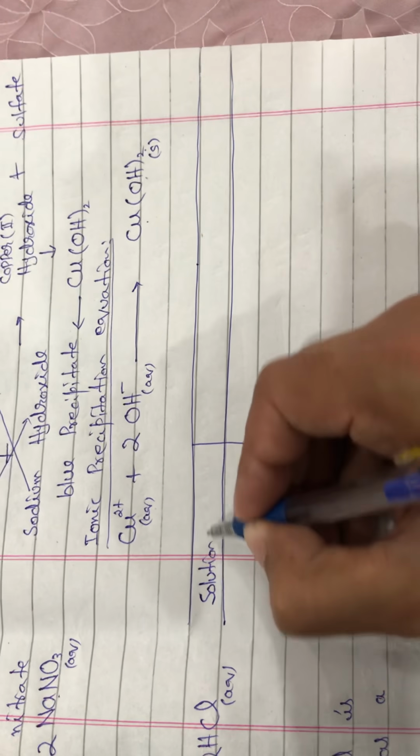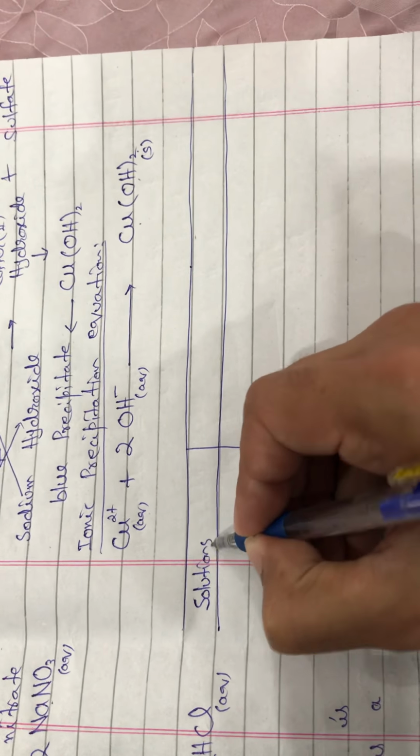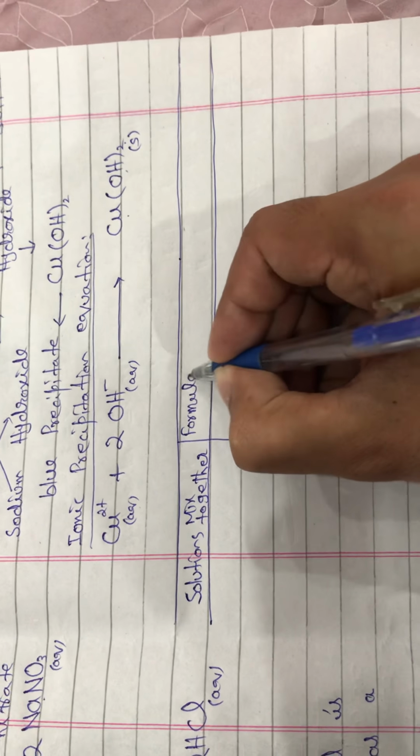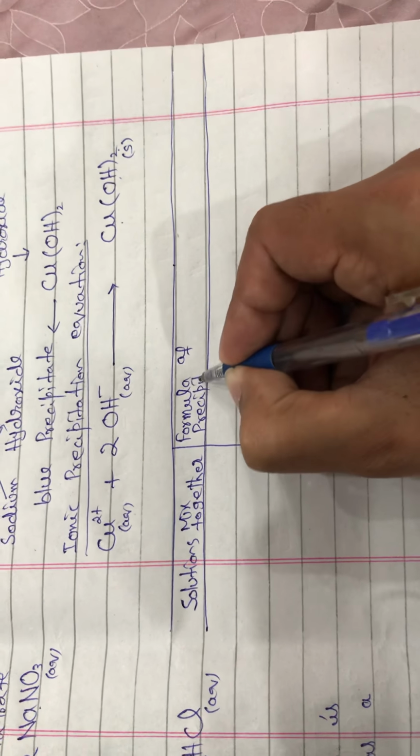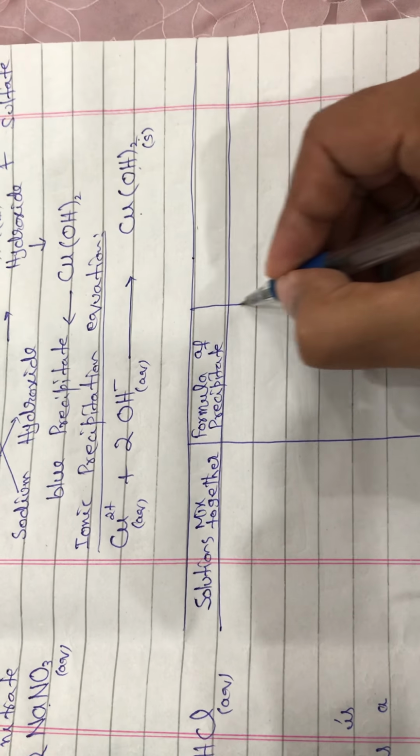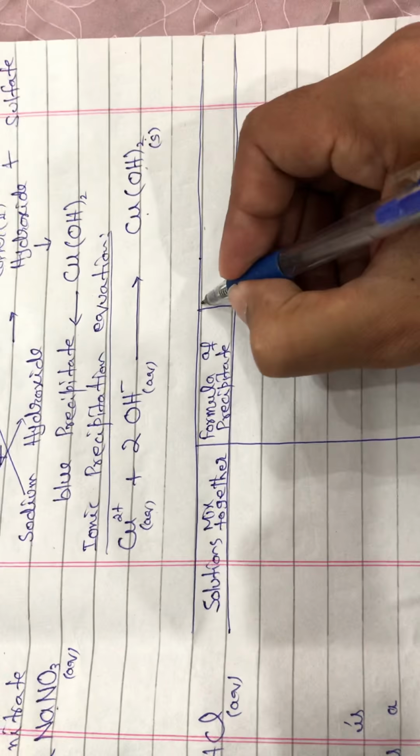Now formula of precipitate produce. Next is name of precipitate produced, and lastly color.